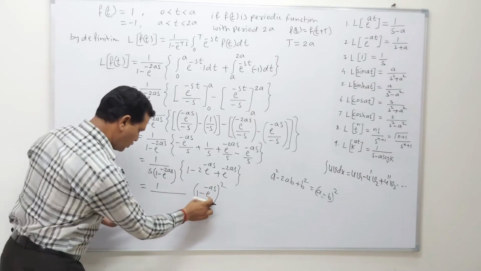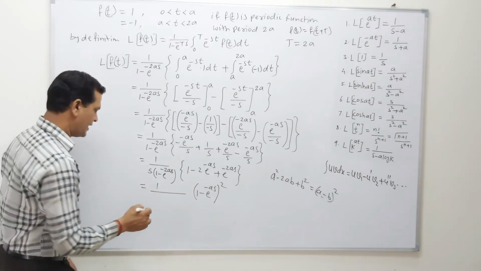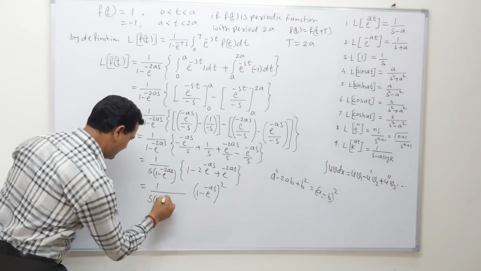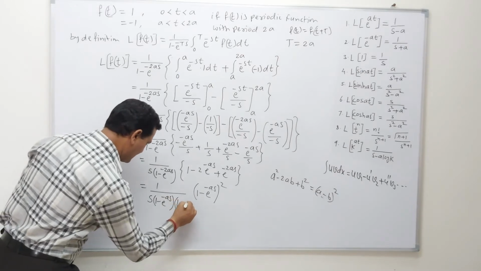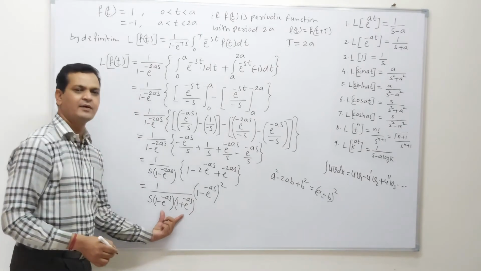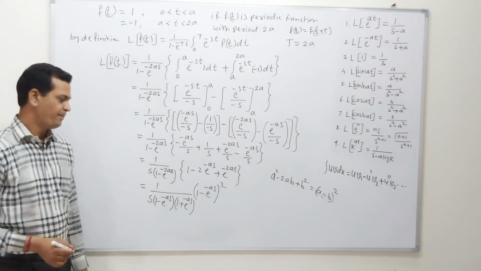So then to cancel this term from numerator and denominator, we will adjust the denominator term as s into (1 minus e raised to minus as) and (1 plus e raised to minus as). If we take the product of these two numbers, then we get the original equation as it is.